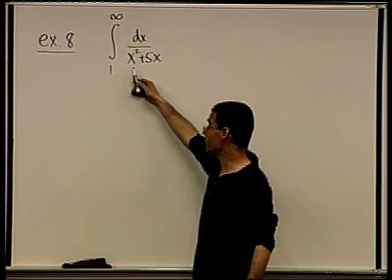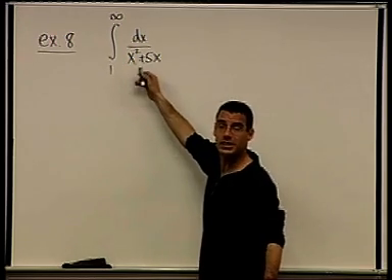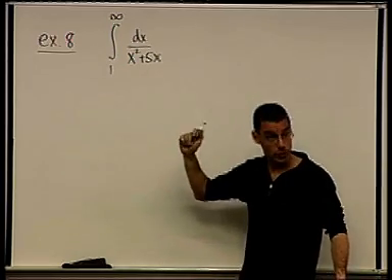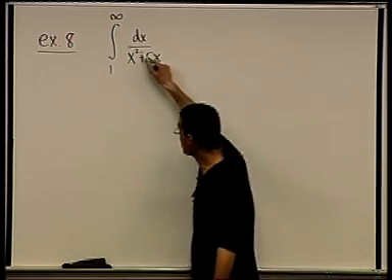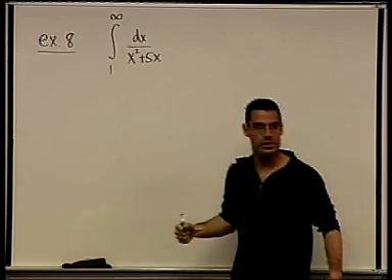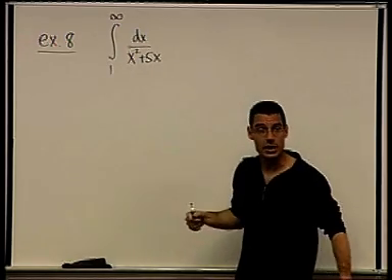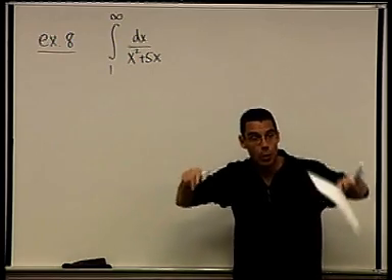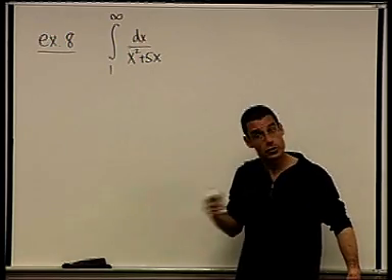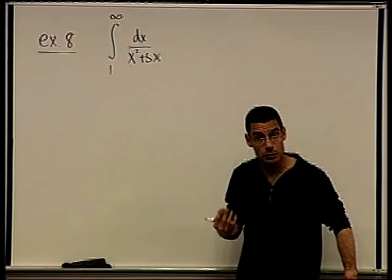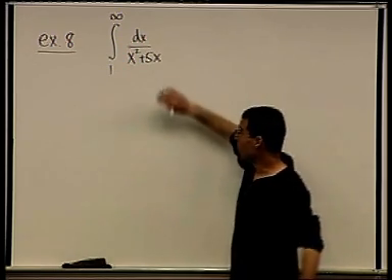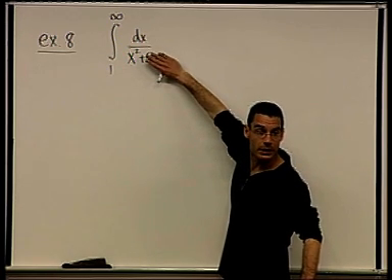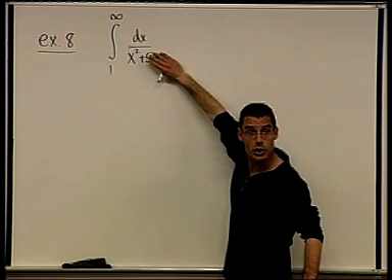For x equals 1,000,000, 1,000,000 squared is by far bigger than 5,000,000. So x squared is the one that actually determines the behavior of this thing. In other words, this behaves like 1 over x squared in terms of convergence. Do you agree? And what does 1 over x squared do on [1, infinity)? It converges. Why?